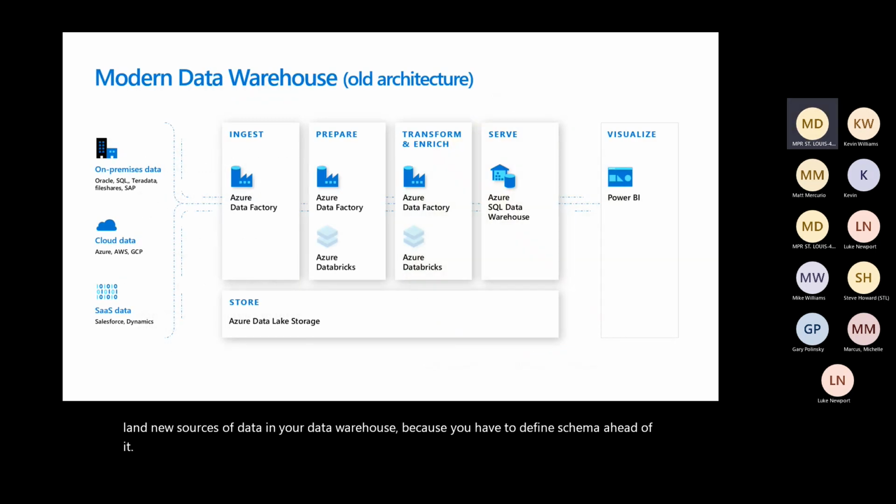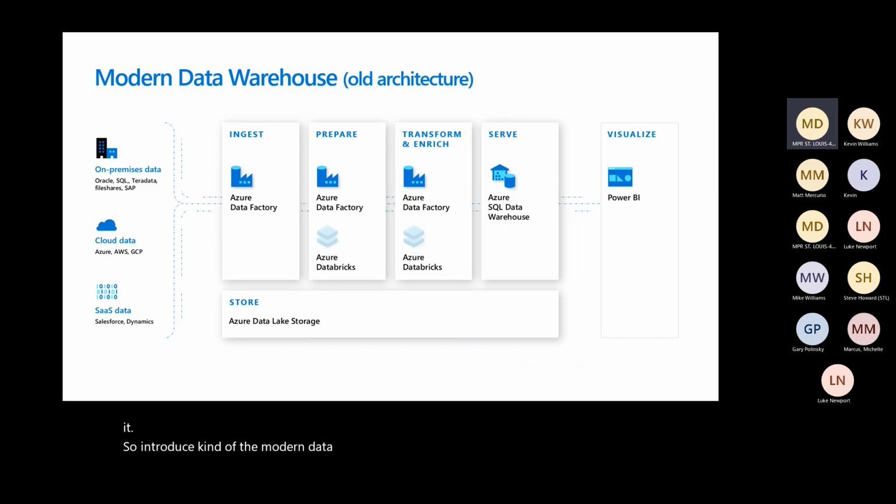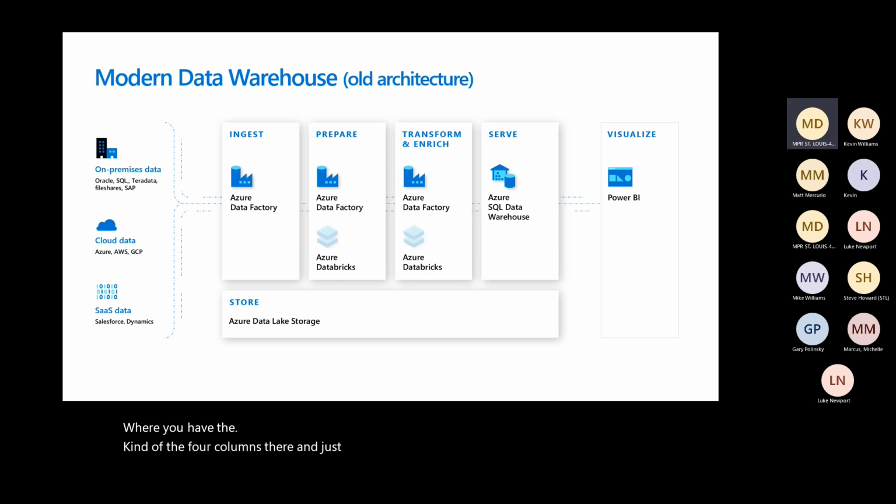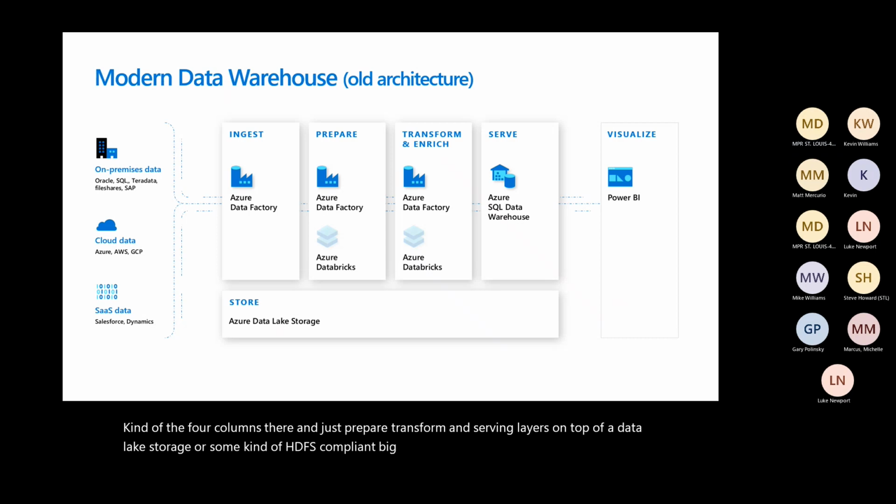So that introduces the modern data warehouse that we've been talking about for years. Prior to this, a lot of these concepts are built on Hadoop, where you have the four columns there: ingest, prepare, transform, and serving layers off of a data lake storage or some kind of HDFS compliant big data storage. I'm going to get Microsoft specific here.